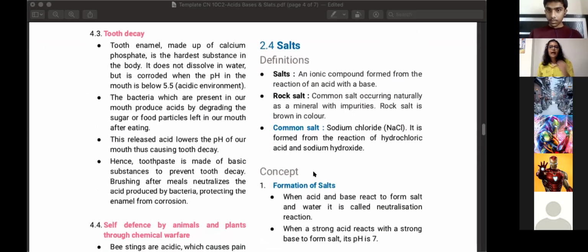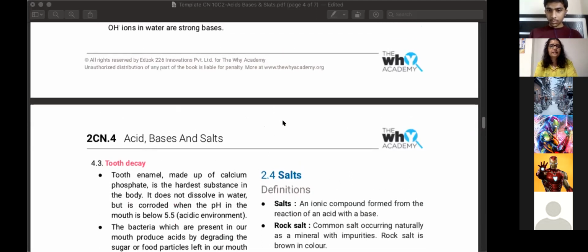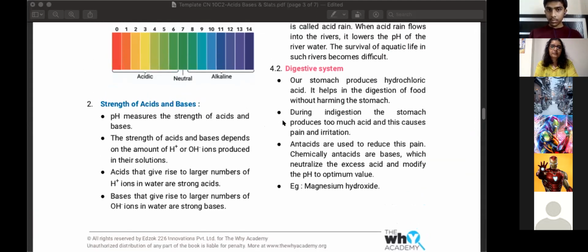So that is it about acids and bases. The main points are knowing about the strength of acids and bases, what actually is happening in water and what contributes to the strength, and how the reactions work. The other major thing is the indicators part of it.